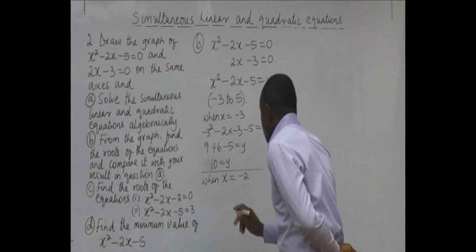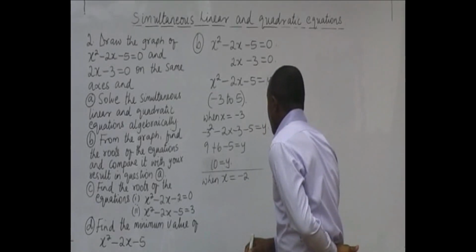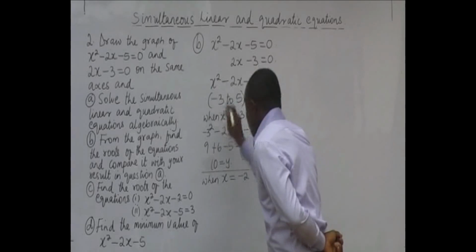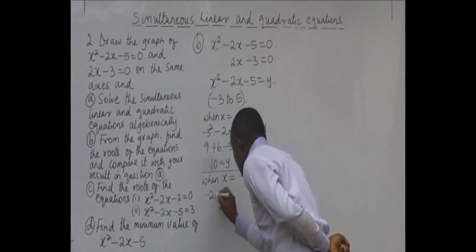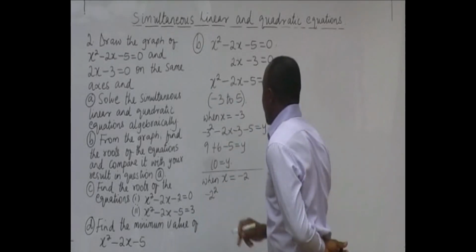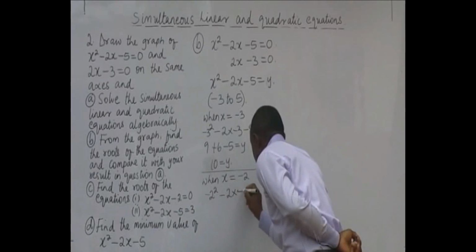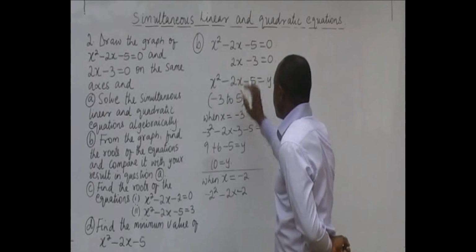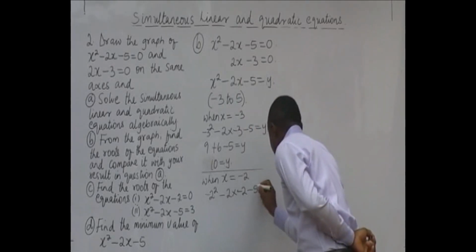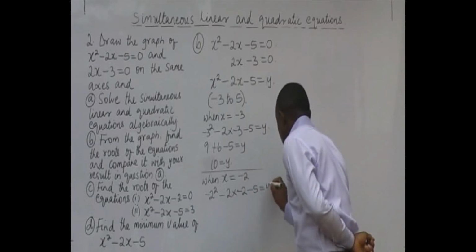So begin to substitute the value minus 2 for x. So we have minus 2 squared, replacing x squared, minus 2 times minus 2, replacing this, then minus 5 is equal to y.